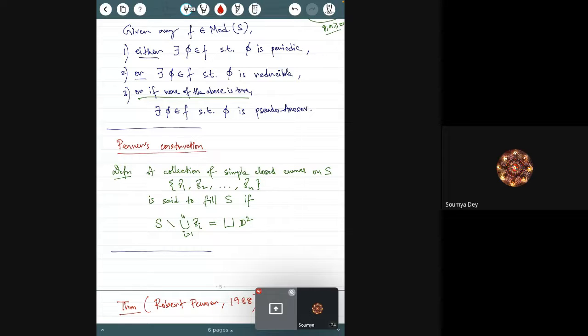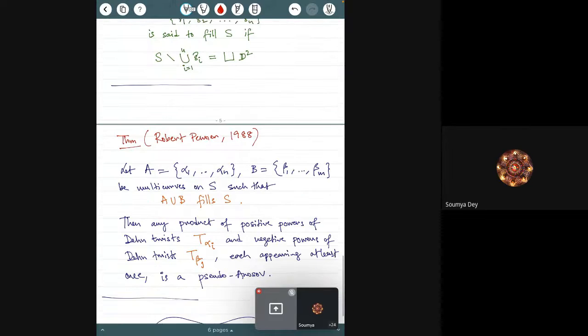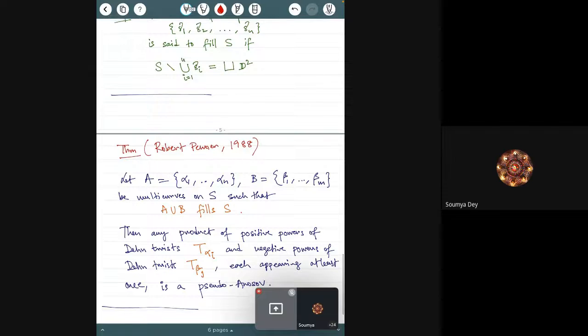All right. Now, let us move to the construction here. You start with some A and B. Let A be a collection of disjoint curves, say alpha 1 up to alpha n.